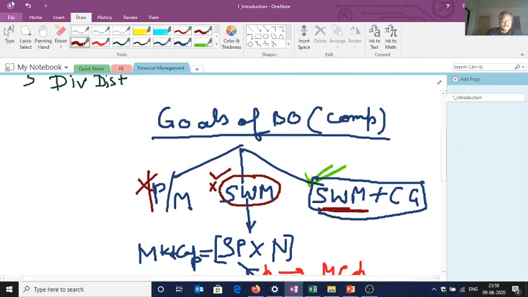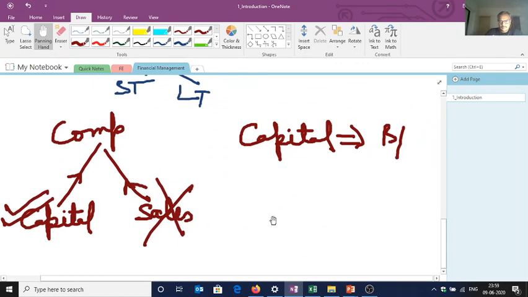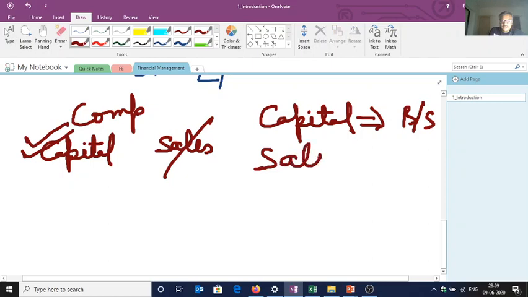On the other hand, discussion on sales is done in the profit and loss account. So I have tried to link this with the help of financial statements. To understand what is capital, it is good to talk about the balance sheet.